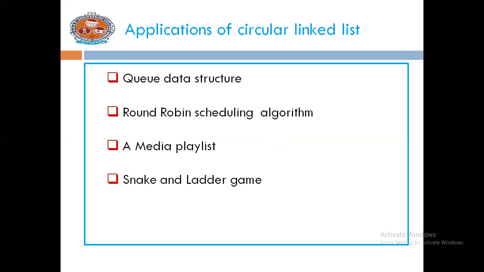Here circular linked list uses two pointers pointing to the snake's head and snake's tail. We can directly move from the endpoint to the starting point because the endpoint is connected with the starting point. So the snake and ladder game is also one best example of an application of circular linked list.